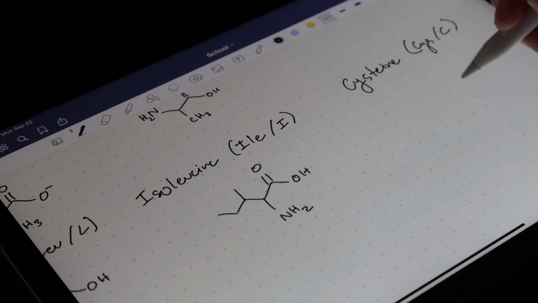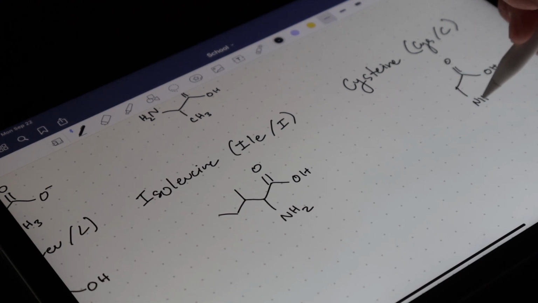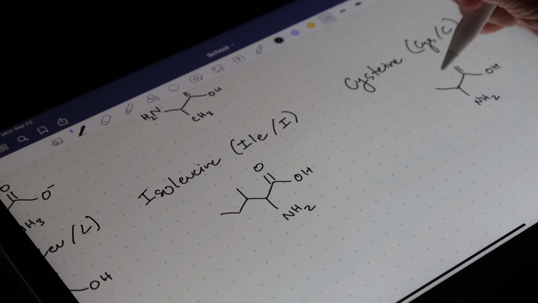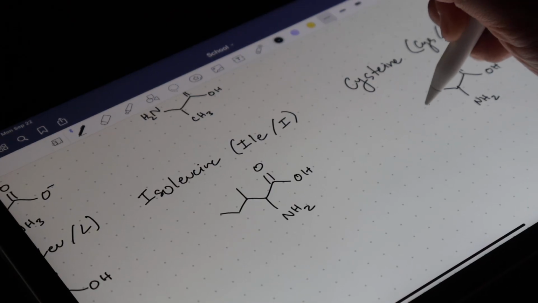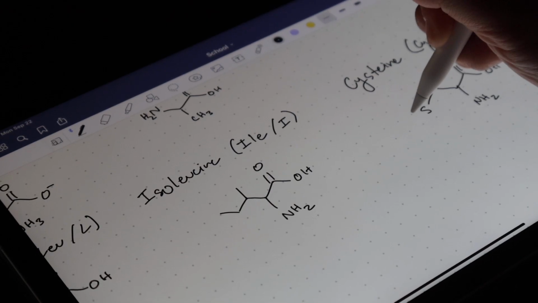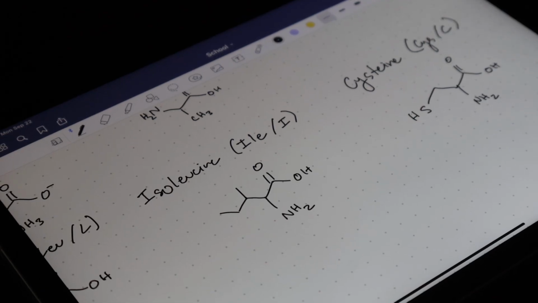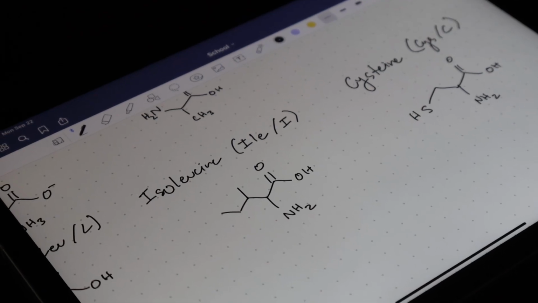And now this one will be our first time breaking away from just carbon chains, you're gonna have one CH2 and then SH, a sulfur that is protonated.